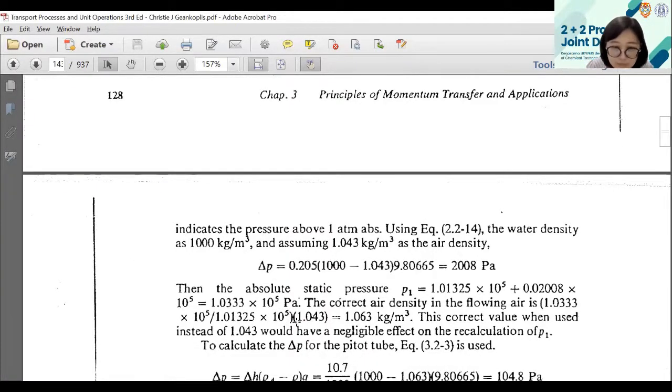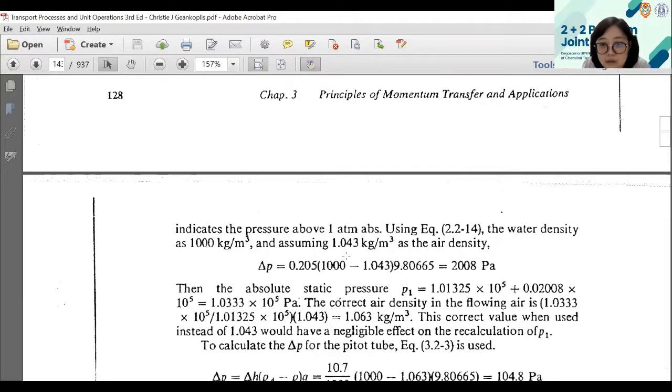So by obtaining the new absolute static pressure, I need to find the new density of the air, because air is gas. Changing the pressure will change the density, while for liquid it usually will not be significantly different.